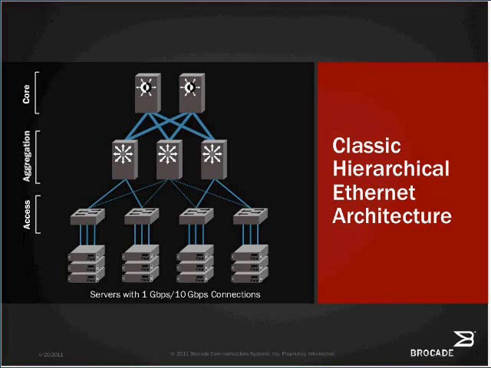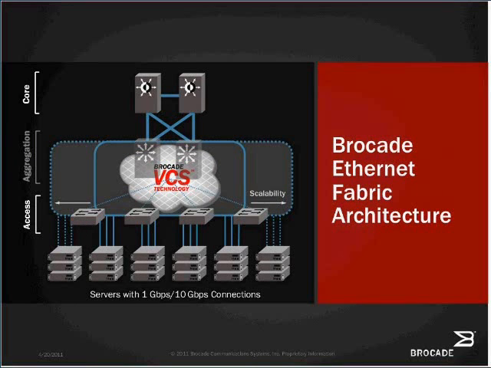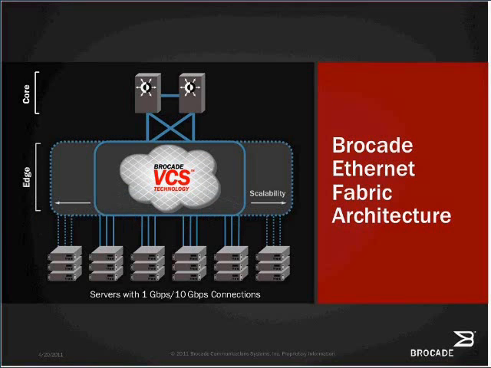When you deploy an Ethernet fabric, first you collapse the access and the aggregation layer into a single fabric. Now all of your top-of-rack switches join together to form a fabric. You can have VM mobility across all of the racks of servers on the bottom. Because it is active-active multipathing through the fabric, you also have fully redundant routes. So if anything fails, the traffic just gets rerouted, and the fabric stays up and running. And as I said, that entire fabric is managed as one single switch.